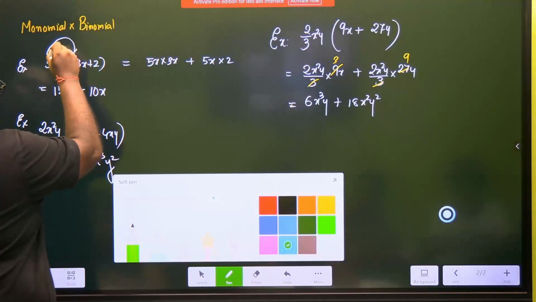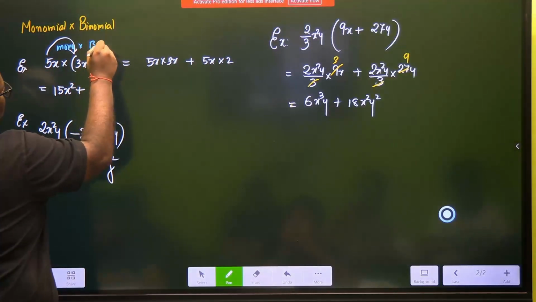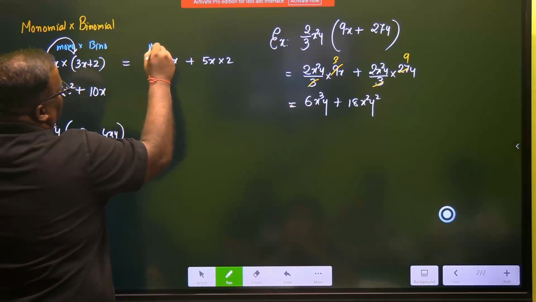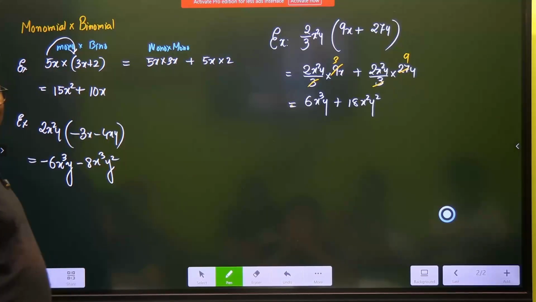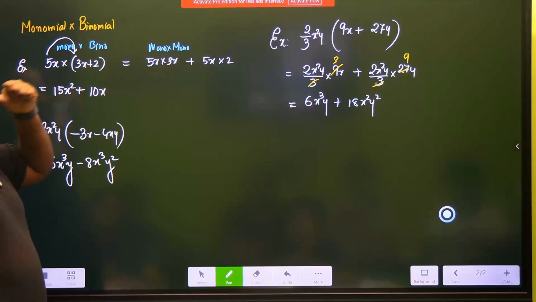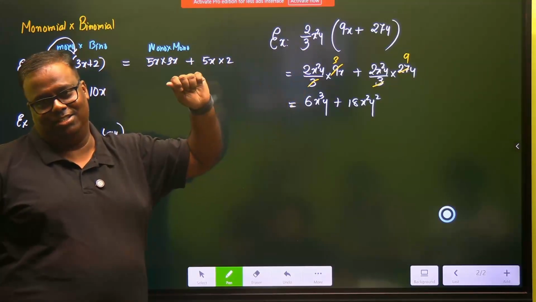This step is a mono multiplied with a bino. But if you see this step, this is a mono into a mono. Agreed? Now see the beauty when we do bino. Bino will first come down to mono into bino, then mono into mono, and then finally the answers.